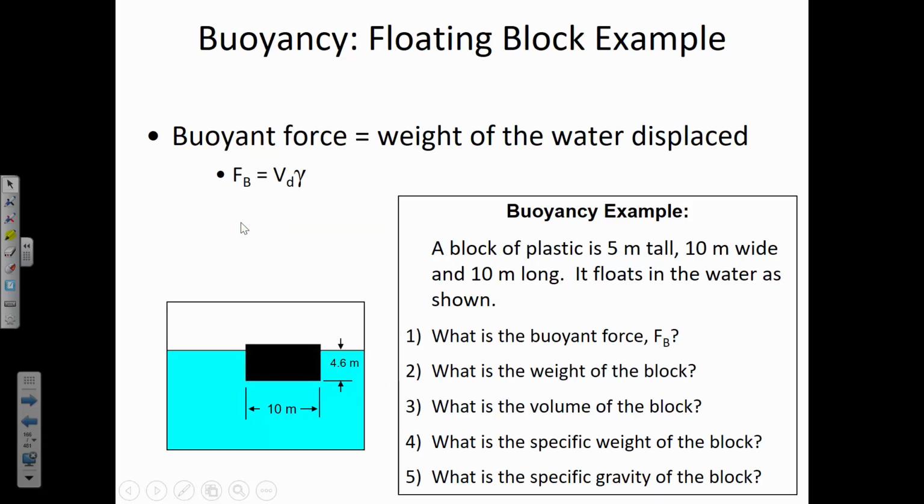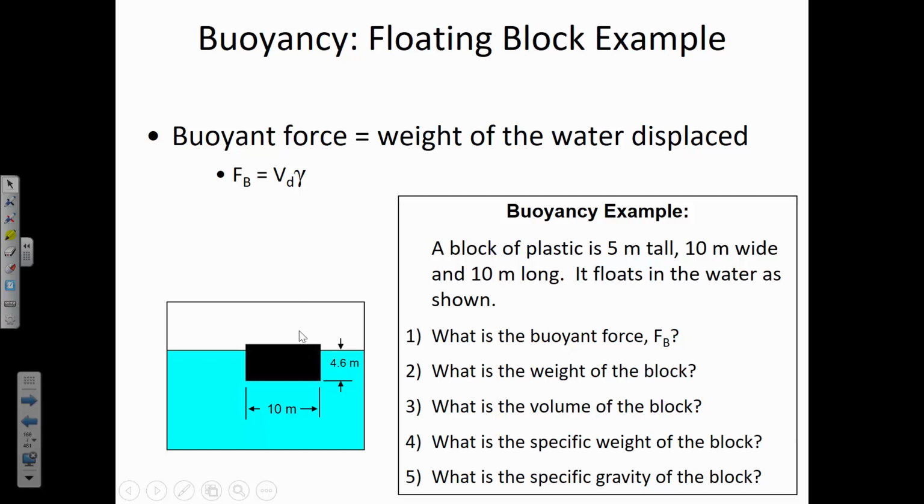All right, so to practice some of these ideas, let's say that we have a block of plastic whose physical dimensions are 5 meters tall, 10 meters wide, and 10 meters long into the page, a dimension that's not seen. And it's floating in water, no temperature given, so we assume the unit weight of that water is 9810.